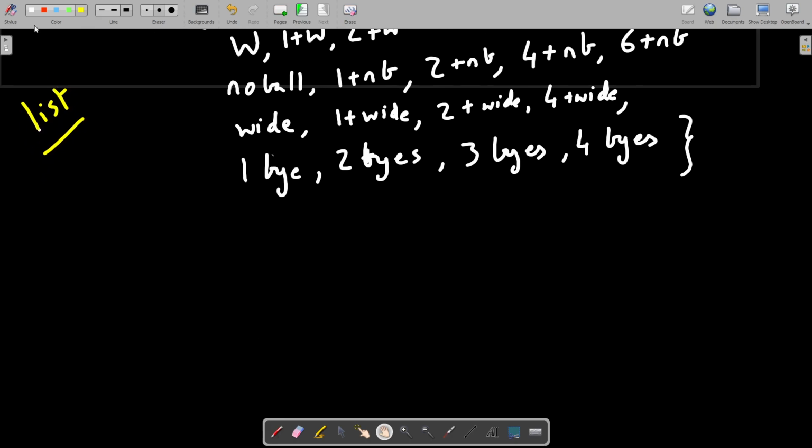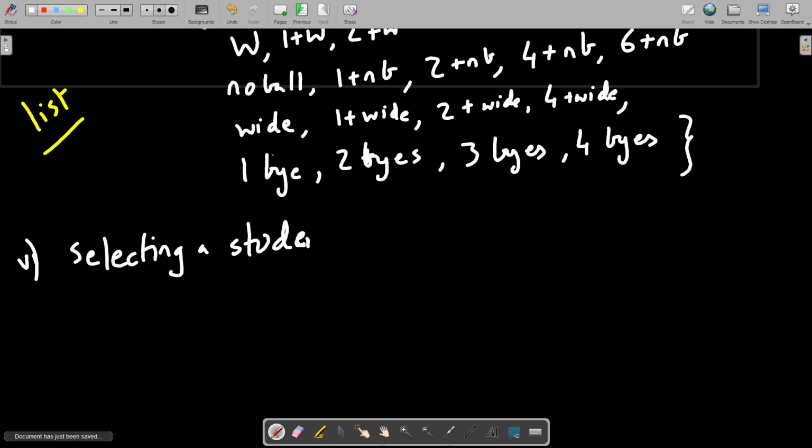Now if you take this example number 5. Selecting a student.